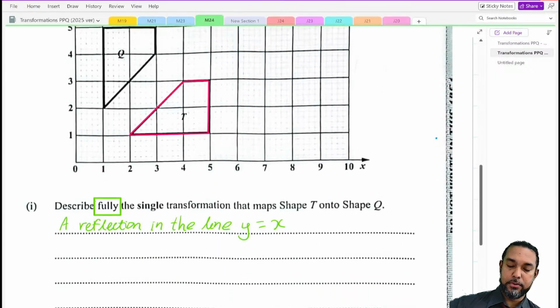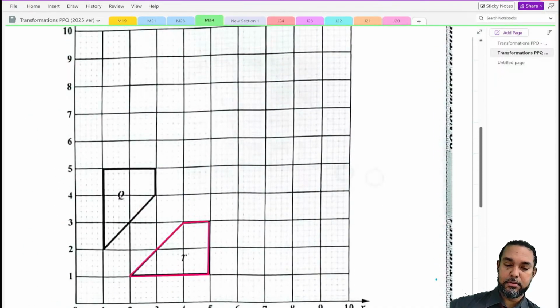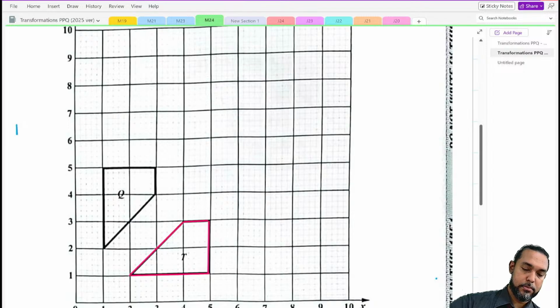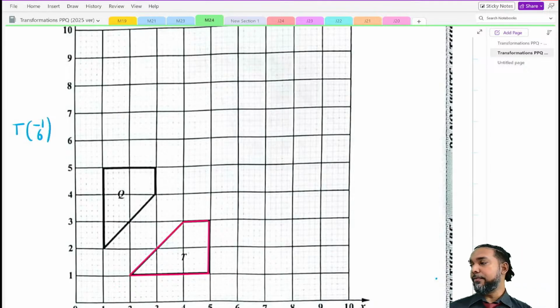So we want to do a translation with vector (-1, 6). And again, if you feel like you want to, you can always find the coordinates of each of the 4 vertices and just add that to the vector.